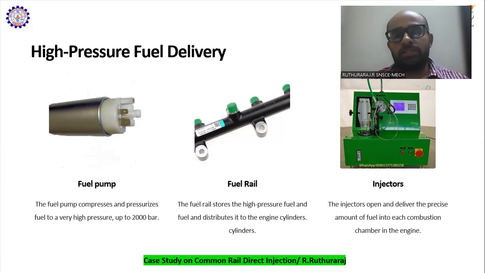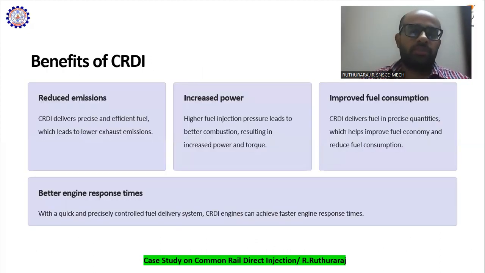If you go for larger engines, it is predominantly multi-cylinder engines. So how does the process take place? Fuel will be compressed to high pressure and it will be sprayed to the adjacent cylinders. That is the process of compression ignition engine. What are the benefits of this CRDI process? The reduced emissions.